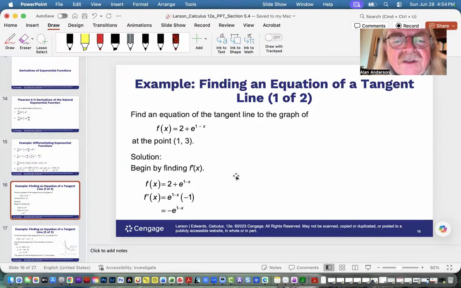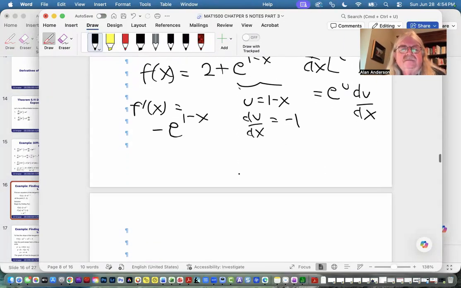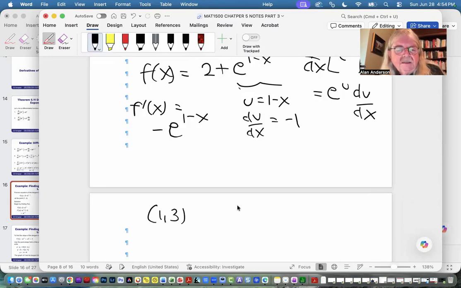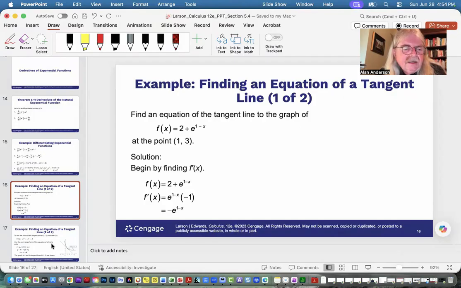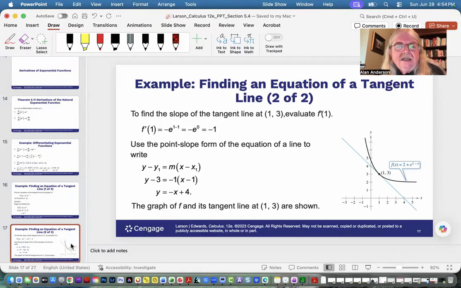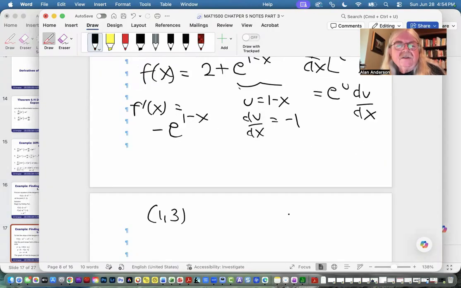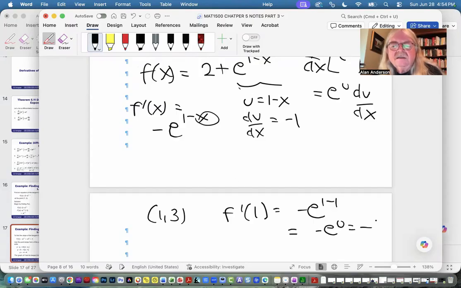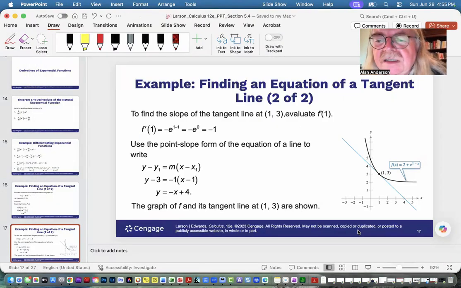And then they want us to find the tangent line at the point 1 comma 3. And so here's the graph. We're going to evaluate f prime of 1. So we replace the x with 1. And that gives us minus 1. So at that point, the slope of the tangent line is negative 1.